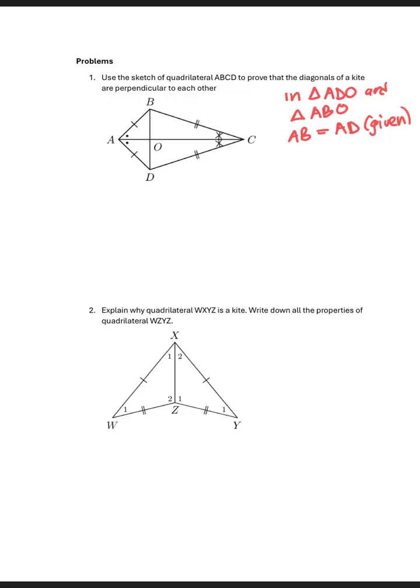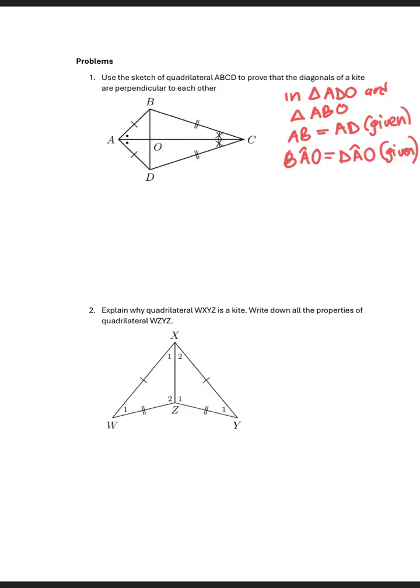And then angle BAO is equal to angle DAO. It's also given. Angle BAO means the angle at A in triangle BAO, and angle DAO means the angle at A in triangle DAO. Very important to remember that.